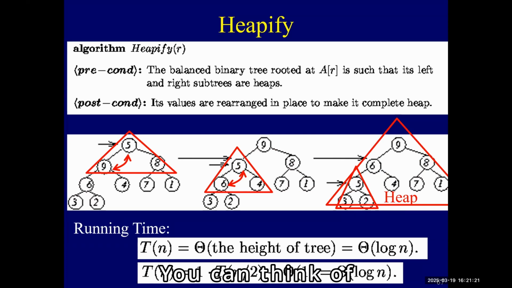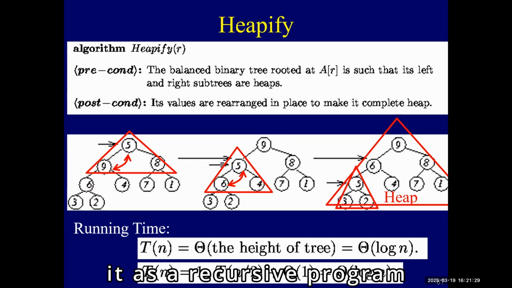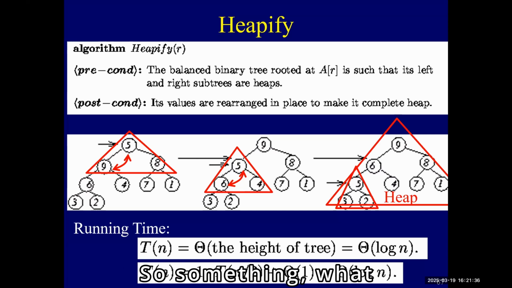You can think of it iteratively. I'm following one path down the tree, so that's log n. Or you can think about it as a recursive program where I have one friend, and you do the master theorem. There's no slaves involved. Sorry, that was my bad. All right, and you get this, right?